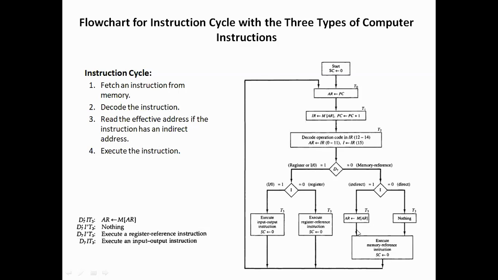Once this is done, the fourth step is to execute the instruction. Once the execution is over, we will again put the sequence counter to 0, implying that this instruction has been completely executed. Now we can move to the next instruction, making it a cycle, the instruction cycle.